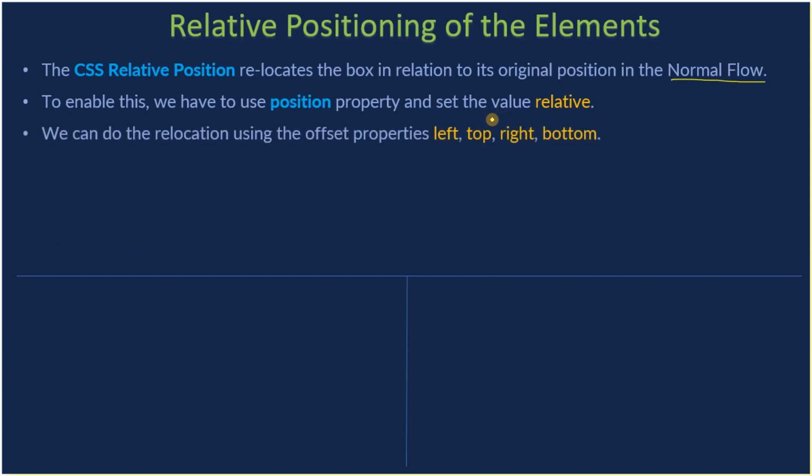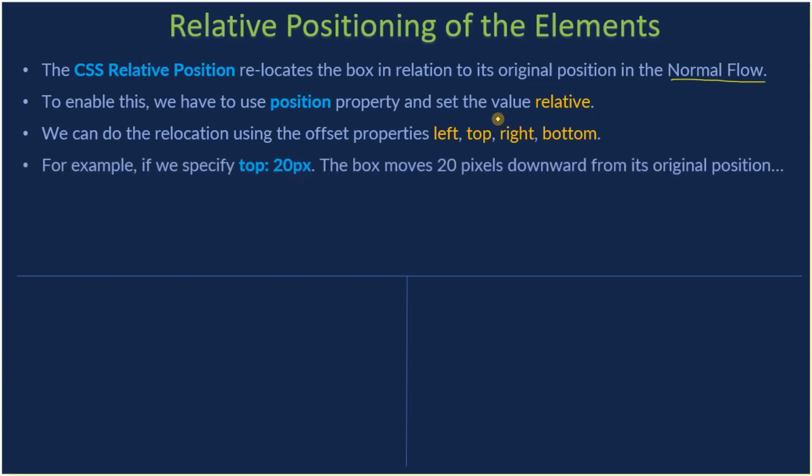We can do the relocation using the offset properties top, left, right and bottom. For example, if we specify top as 20 pixel, the box moves 20 pixels downward from its original position.